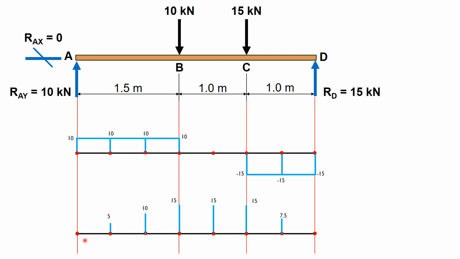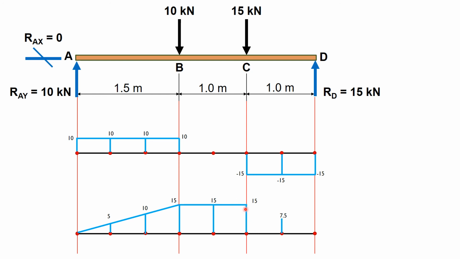So, ibig sabihin nito, from 0 to 1.5, yung rate of change ay pare-parehas. Kaya pag when you connect this point hanggang dito for BC, you will have a straight line. While for BC, dahil pare-parehas naman na 15 yan, so you will obtain a horizontal line.